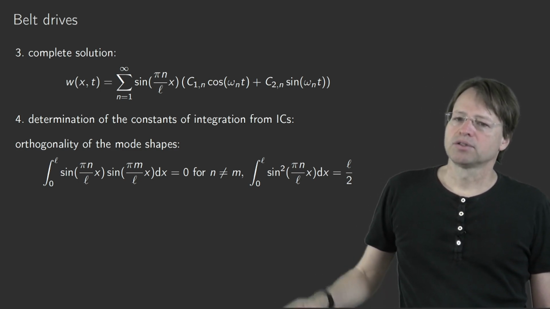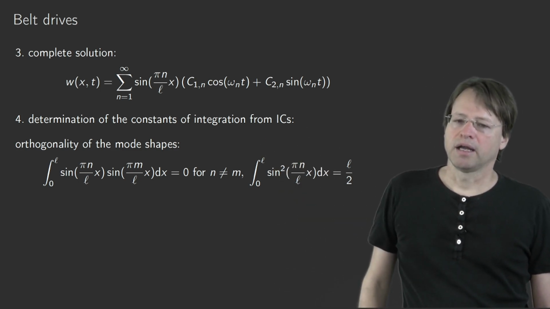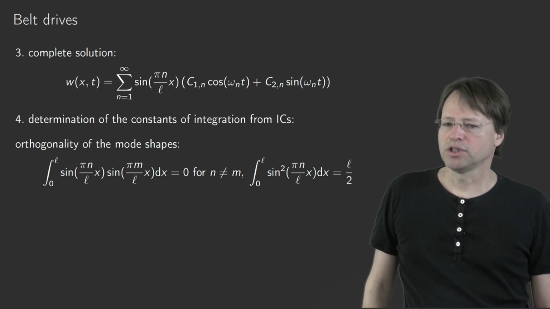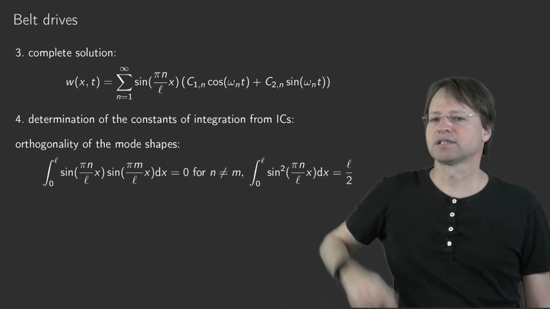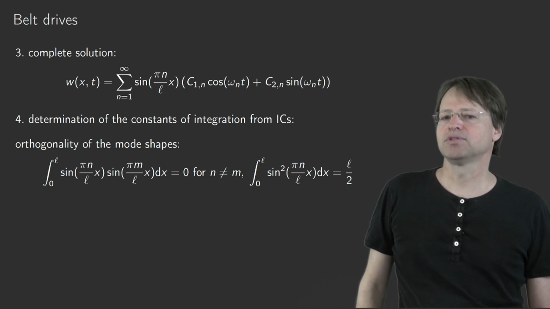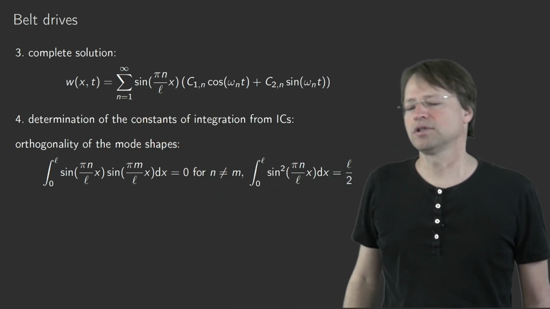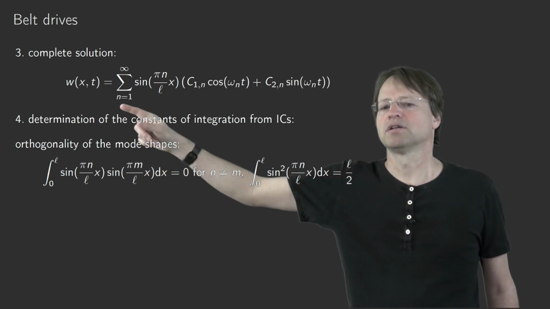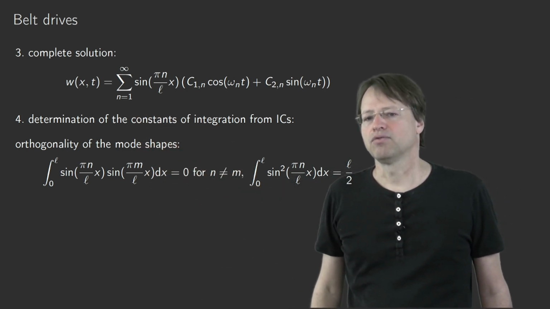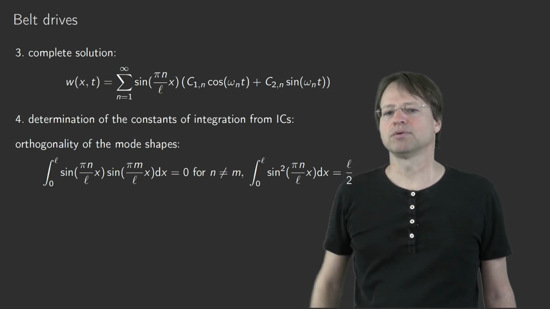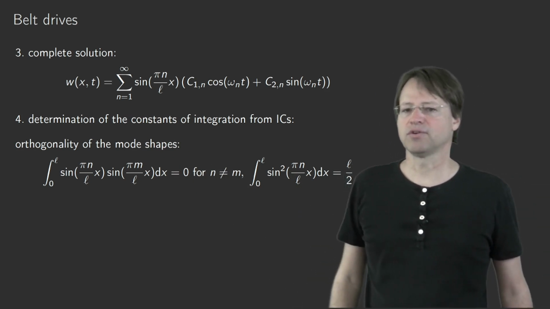And now we apply this to our complete solution. For the initial condition, we have to set t equal to 0. So if you set t equal to 0, let's take the first initial condition for the displacement. You get the function w of x and t equal to 0. This was set to a certain function f of x.